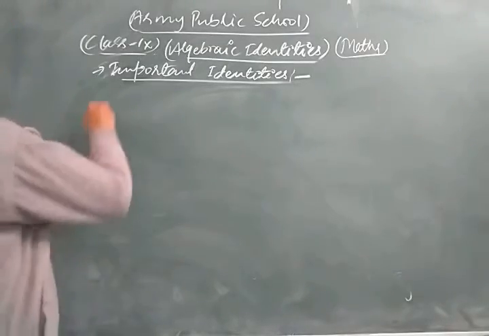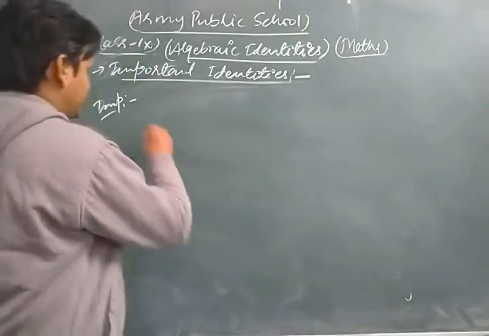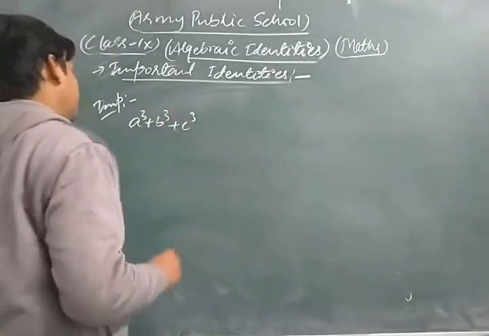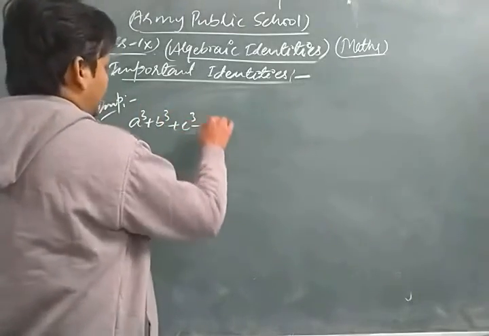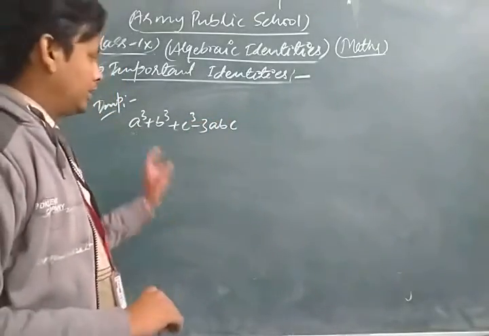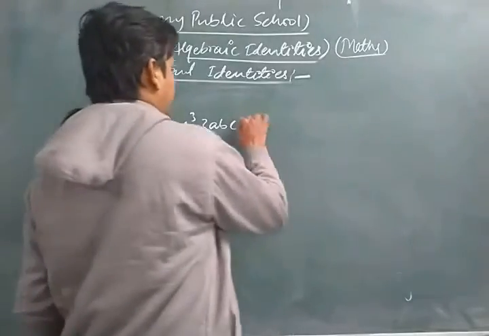Now next one is what? This identity is A cube plus B cube plus C cube minus 3ABC. A cube plus B cube plus C cube minus 3ABC is equal to what?